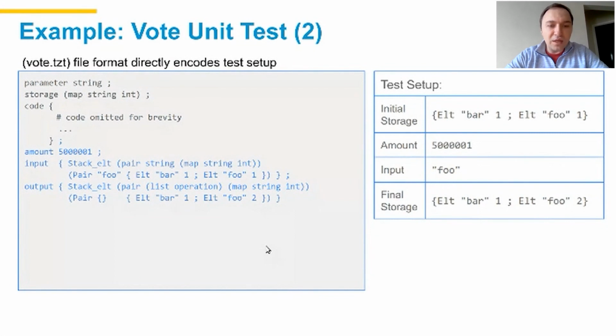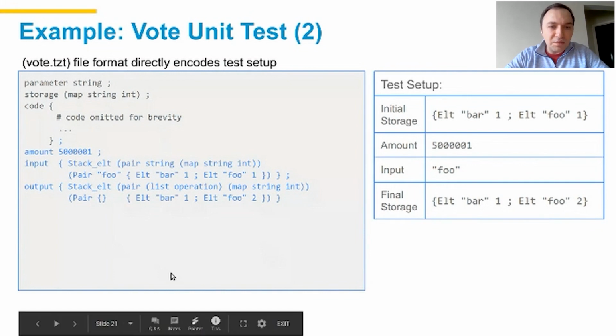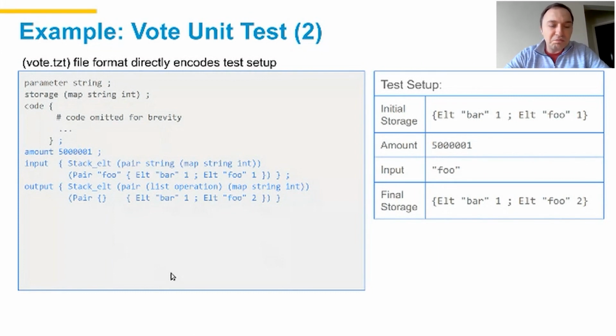Once we have copied those test setup parameters over to our file in the obvious way, the notation is a little bit more heavyweight. You have to have this stack_else, which isn't a part of Michelson. We had to invent some notation for the stack values, because obviously in Michelson, you can't directly grab a stack. So in any case, move on to the next slide, please.